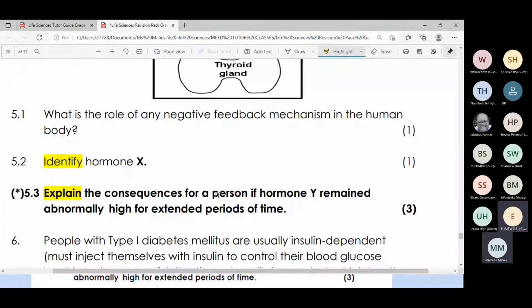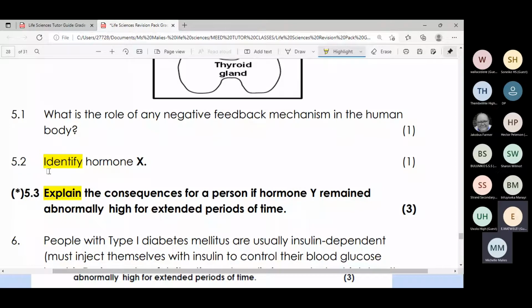5.1. What is the role of any negative feedback mechanism in the human body? 5.2, and there it's highlighted.